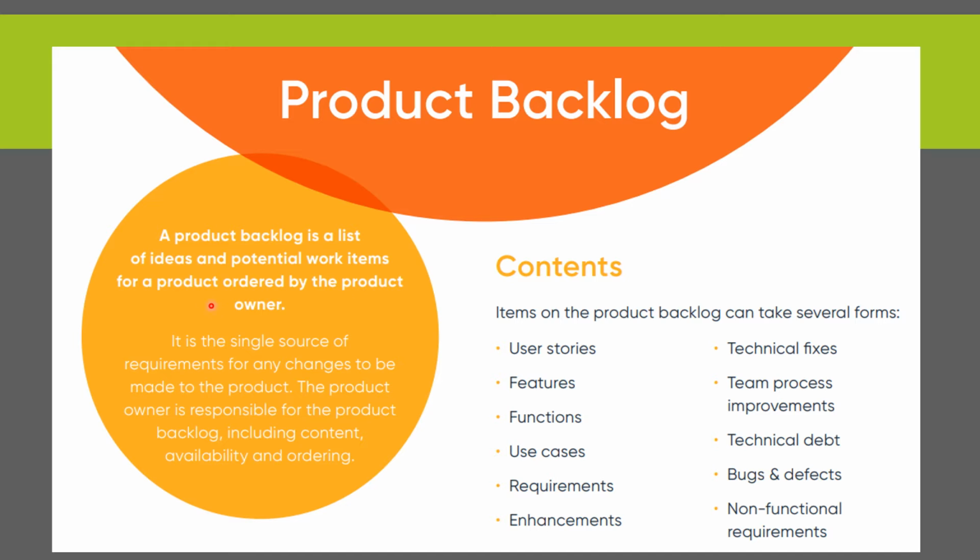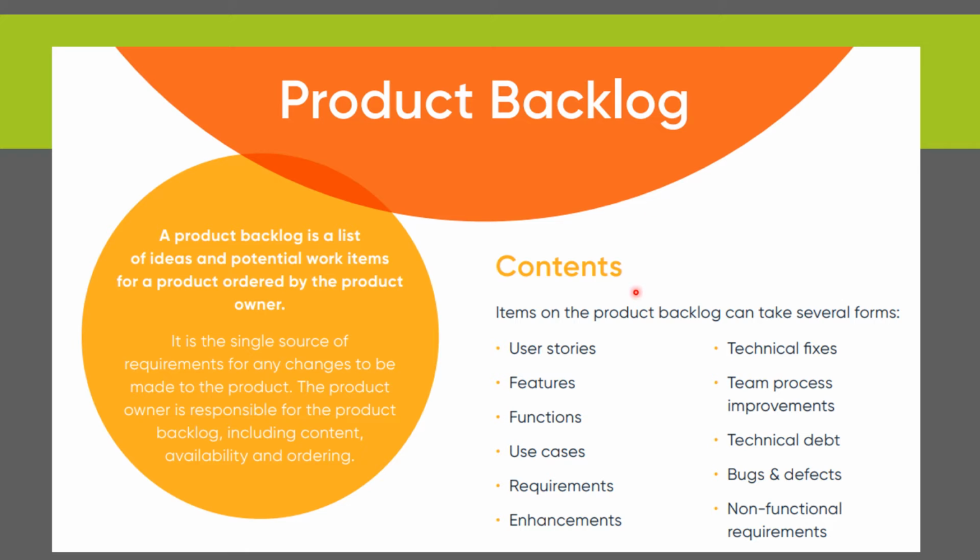A very important thing is the product backlog needs to be ordered by the product owner. It should be ranked or prioritized by the product owner, and it is a single source of requirements for any change to be made to the product. The product owner is responsible for the product backlog, including the content availability and ordering, right?